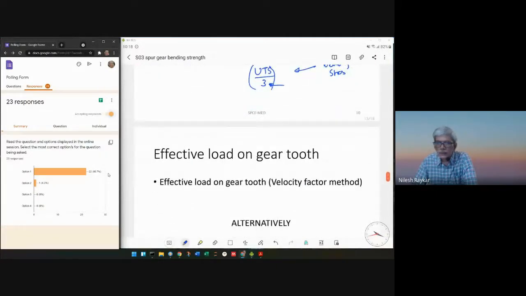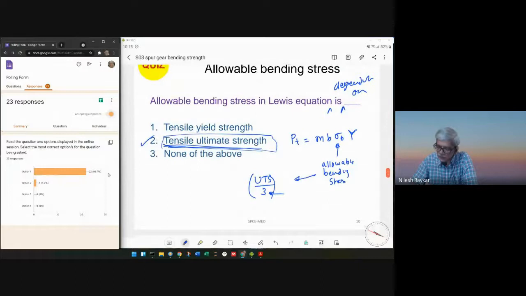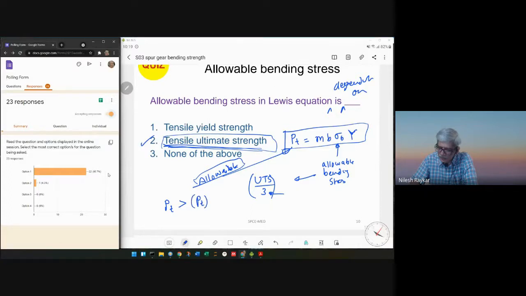Okay, now before we close today's class, let's consider this. The Lewis equation gives us what is the allowable PT. Now in order to compare, this PT is allowable, so it must be higher than the PT which is induced.